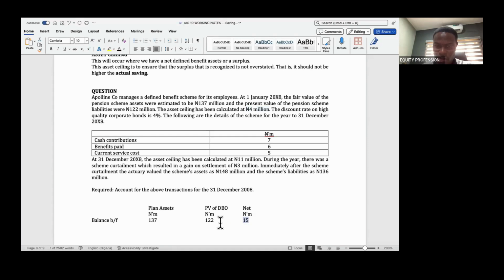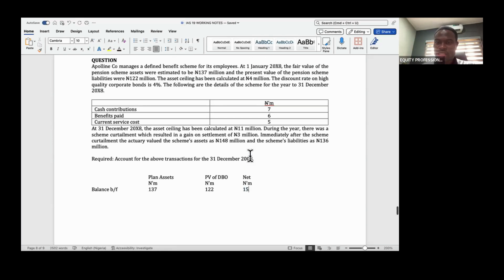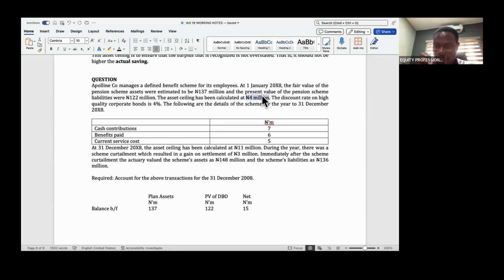So that means you will see that the asset was higher than the liability. Ordinarily, we should have recognized this. They will have recognized this 15 in their books as net defined benefit asset. But since they say the actual savings, the asset ceiling, is 4, there'll be a ceiling adjustment of 11, in such a way that what will go into our books must be 4.